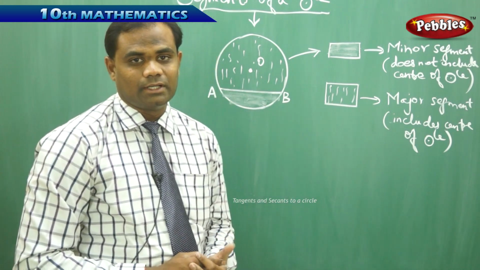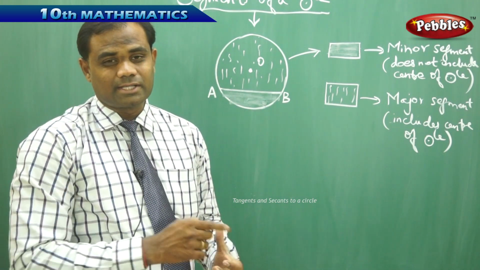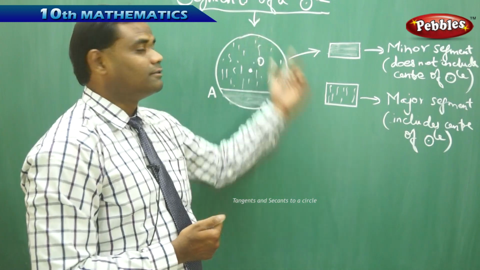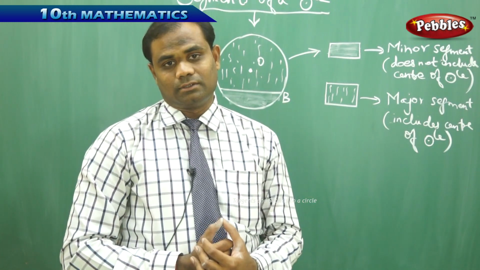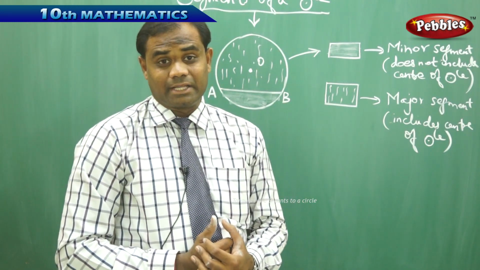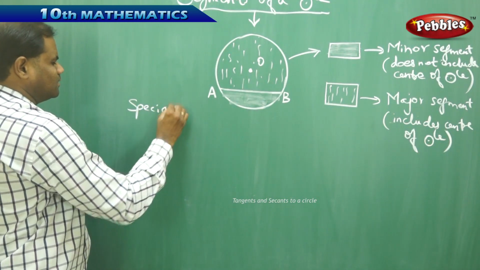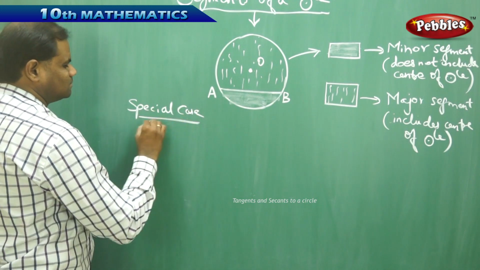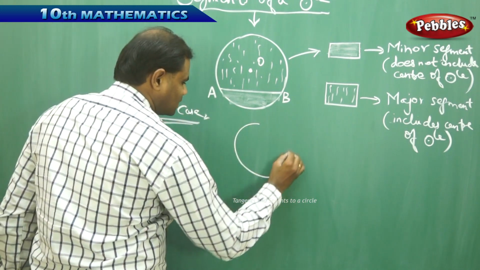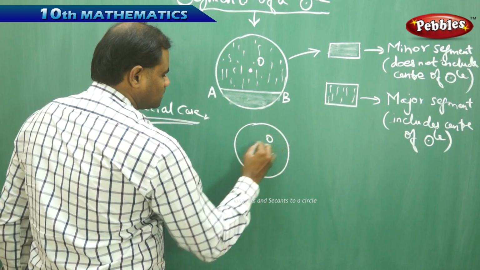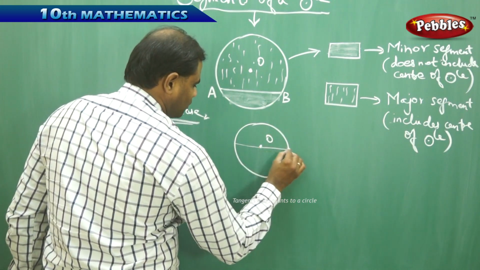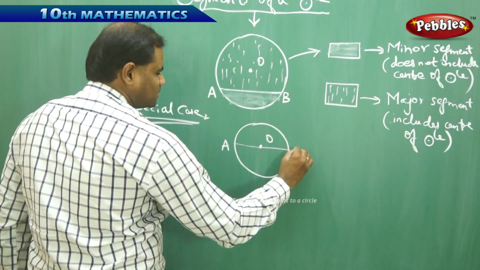So the learning outcome here is that a chord or a secant plays a vital role in defining the segments of a circle. But let's take a special case. If I have a circle with center O, and my chord AB is the diameter, then what happens?